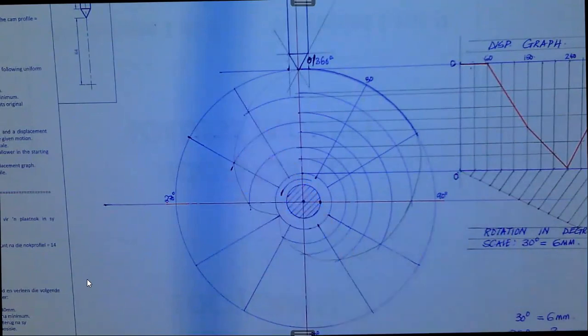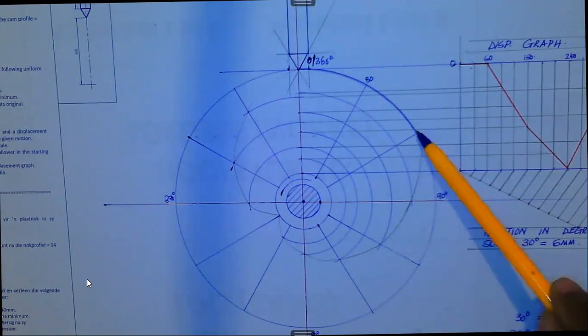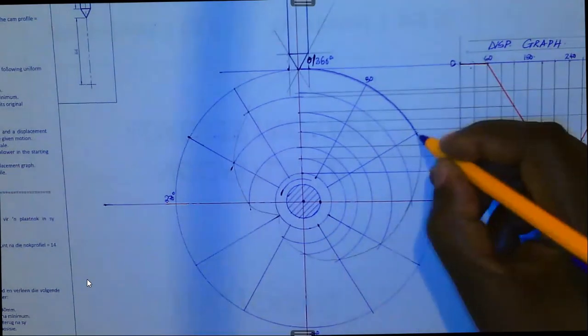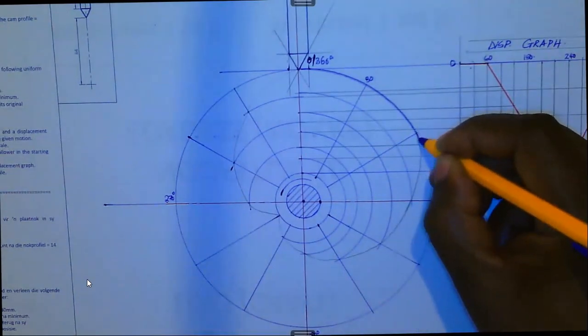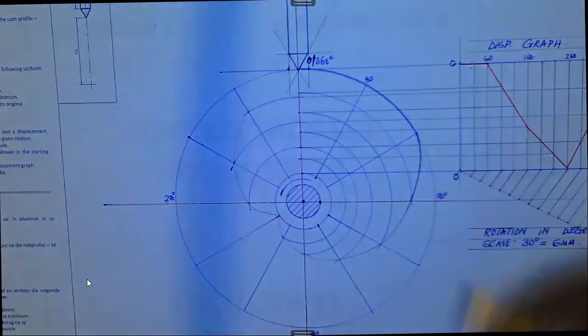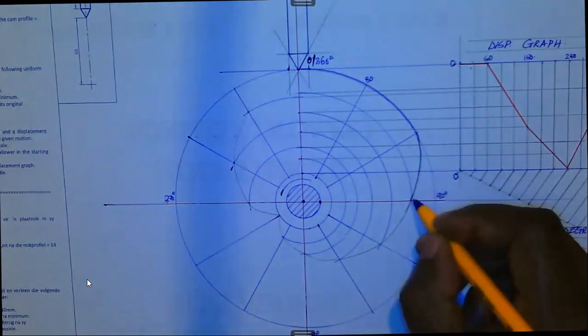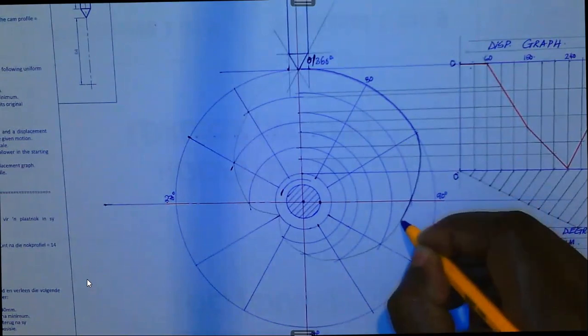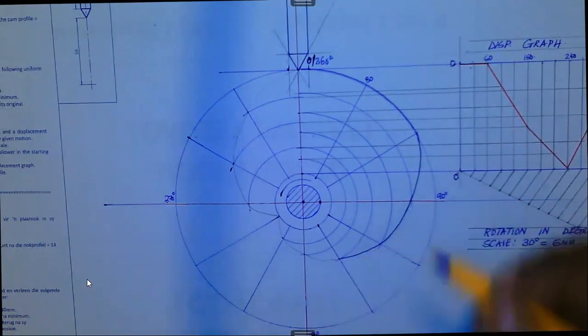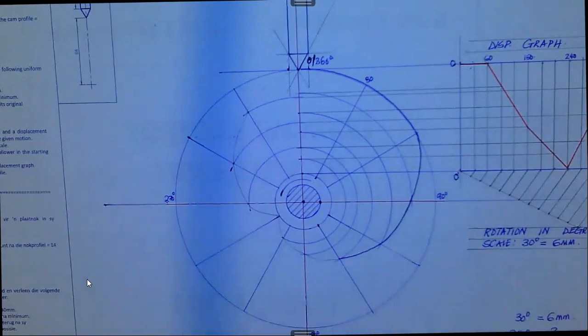That would give you what we refer to as a cam disk. So you connect nicely from here to there. Let me outline. Right, like that. There you go.